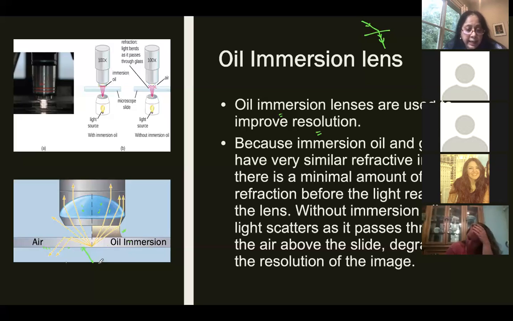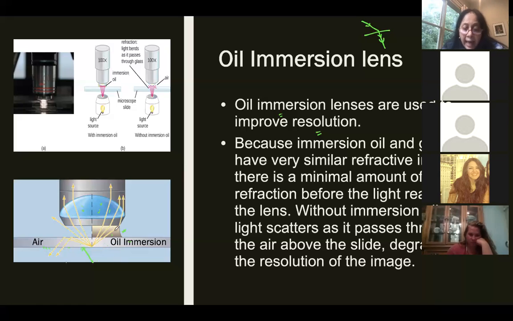So in this case, what happened, light is coming through the air and then it falls onto the glass, and it goes through the immersion oil, and then it enters inside the glass. Now, the refractive index means how much it will bend, how much it will scatter. That quality or that character of glass and immersion oil are almost the same.